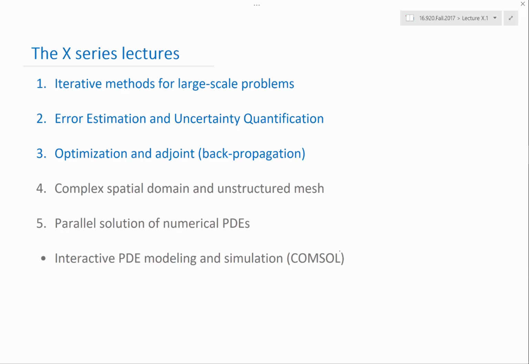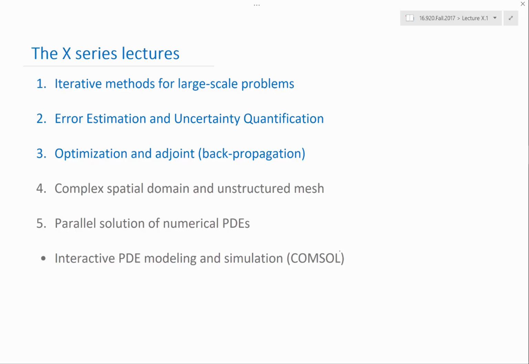You may not have exactly the right boundary conditions. So trying to quantify the sources of error coming not from the numerical solution itself, but from the specification of the PDE, is usually called uncertainty quantification. But I see they share a lot of common characteristics.